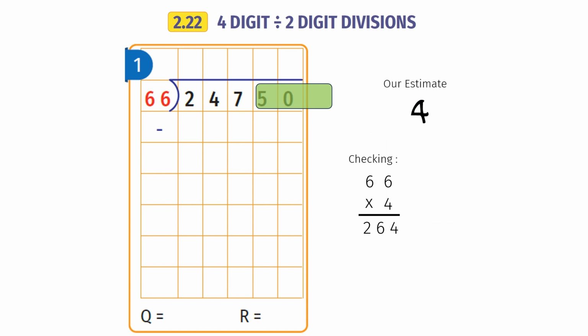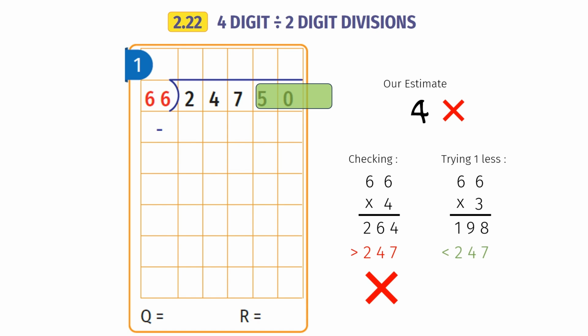Let us check the estimate of 4. 66 into 4 equals 264. Since it is greater than our dividend 247, we have to go one lesser. 66 into 3 equals 198. It is lesser than 247, so we go ahead with 3.